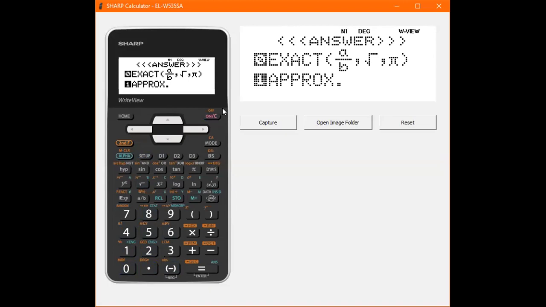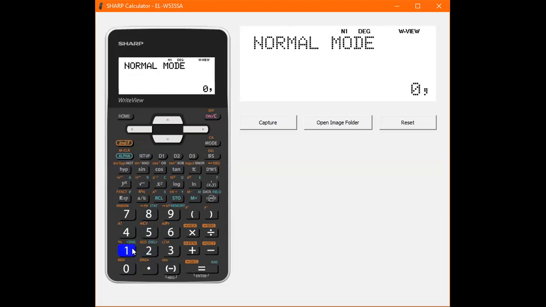Now, your calculator is set up so that it gives you the exact answer. In other words, it gives you the fraction or the surd or the value with pi multiplied. So when you choose approximate, what happens is when you do any calculation with a decimal, it will give you the decimal answer first. And then if you change it, it will take you back to the fraction.